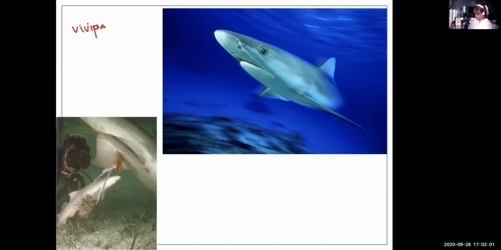Viviparous, and that is the young develop inside the mother's body. And these lead to live births. So this is an example of a live birth.